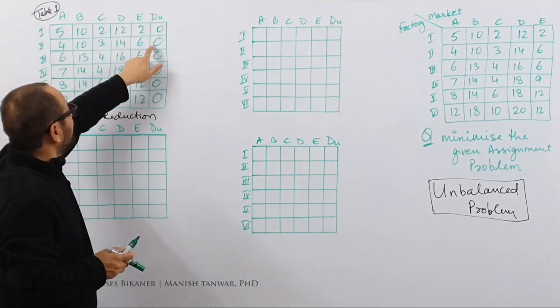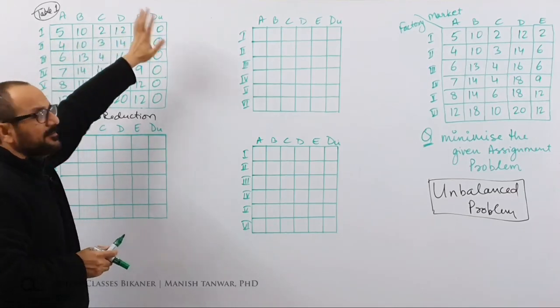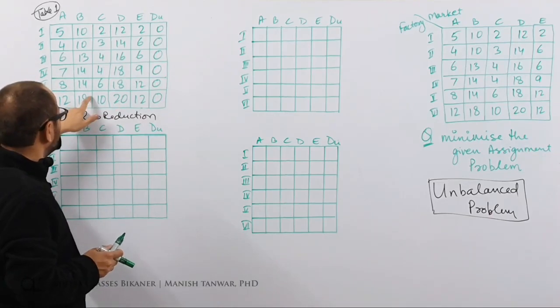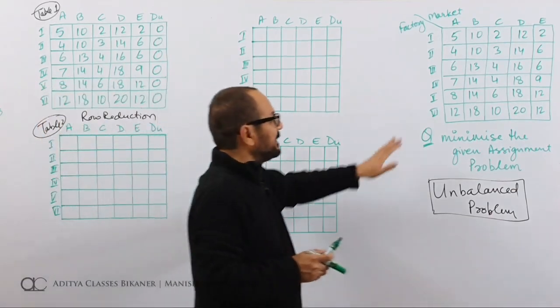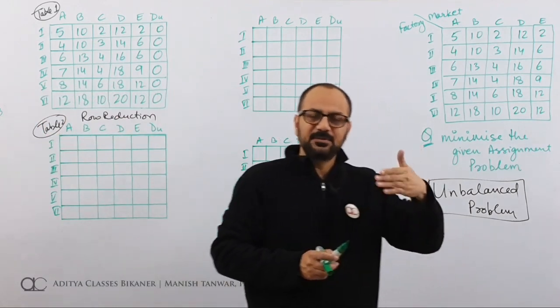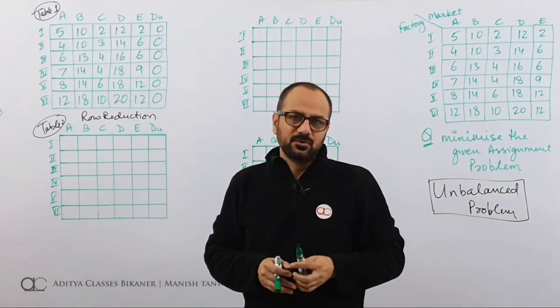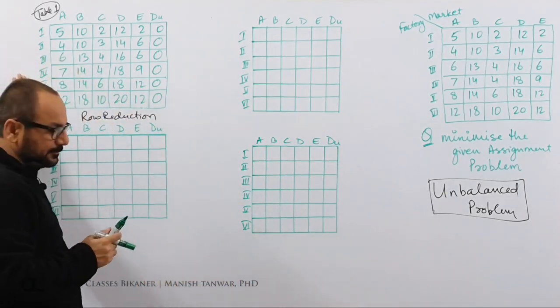Second row, minimum is 0, you subtract it from all. 4 minus 0, 10 minus 0, 3 minus 0, everything remains same. For each row you can check 12 minus 0, 18 minus 0, because minimum is 0. So we see that in case of dummy, when we are adding a dummy column, this matrix is already row reduced. So what I can say is, I have done two things over here.